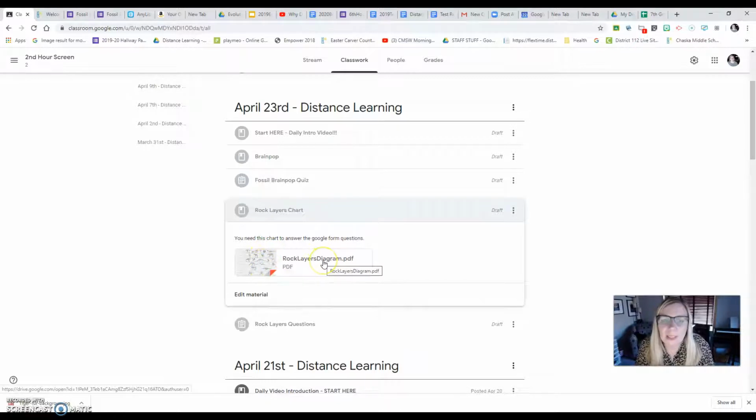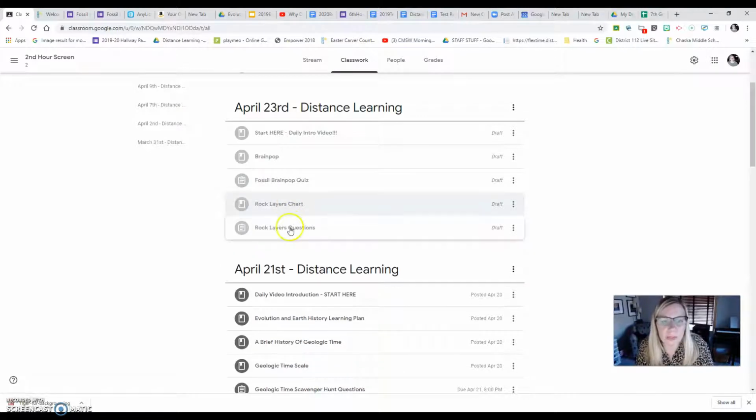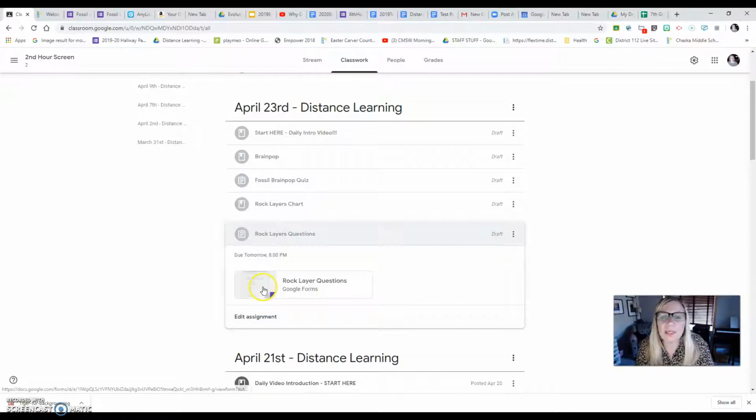It's called the rock layers diagram. You're going to have that open, and instead of a worksheet where you'd write your answers down, we again have a Google form. It's not a quiz, it's just a quick way to answer questions, and it's a quick way for me to be able to know what you did and what you didn't do.